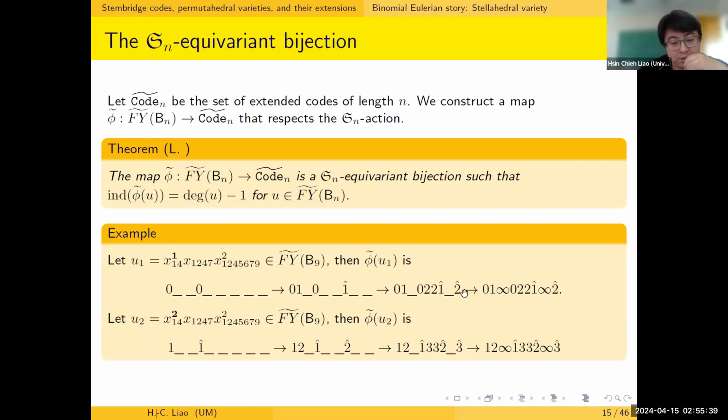When you go through all the subsets and you still have empty space, then you just put infinity in. In the second case, if the exponent of the first term is greater than 1, here it's 2, then you start putting numbers from 1, 2, and so on, so not 0 but 1 instead. Similarly, if after you go through all the sets you still have empty space, then you just put infinity. And then you get this bijection between the basis and the extended codes.